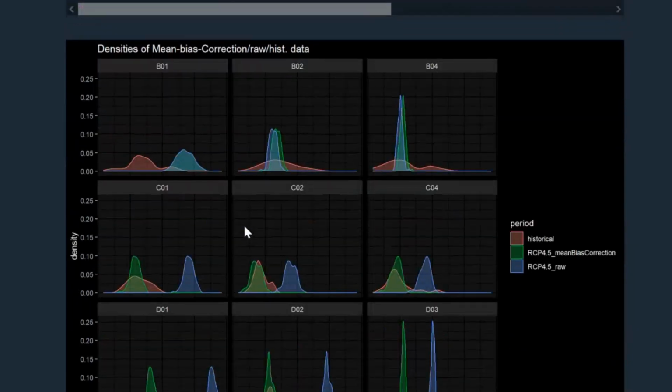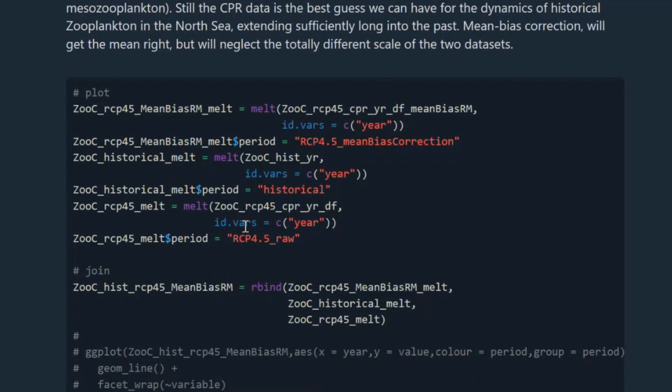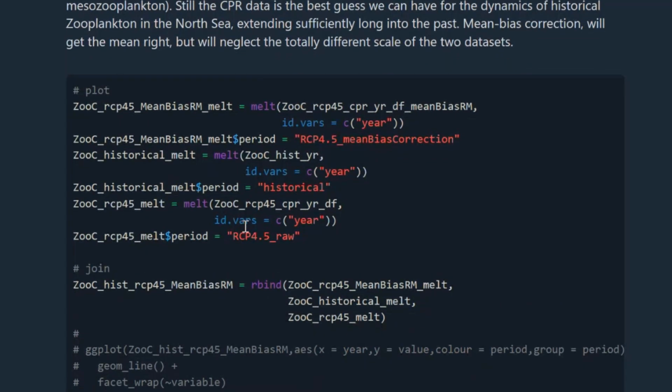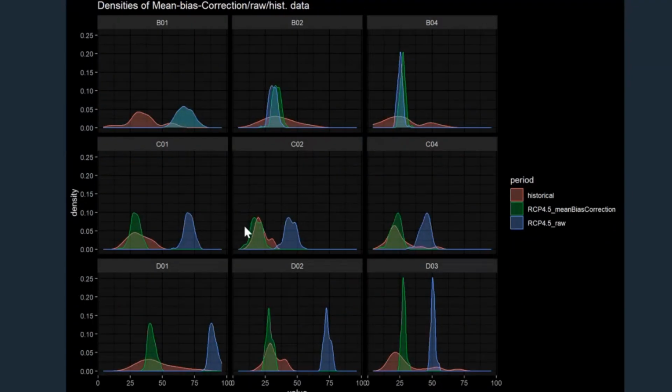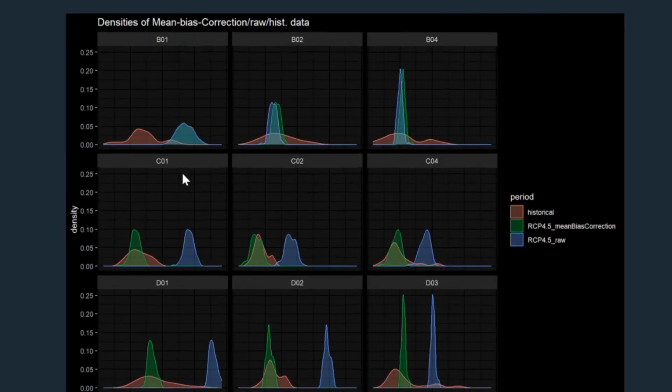And as you can see, here's all again an output of the density functions for the historical period in red, the RCP 4.5 mean bias correction in green, and the raw data. And you see that it works quite well, right?